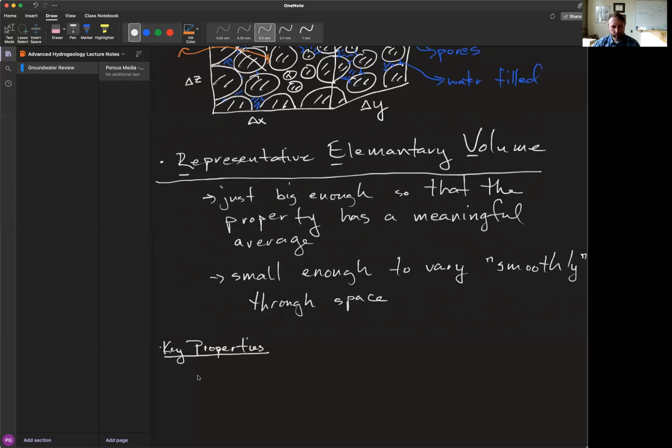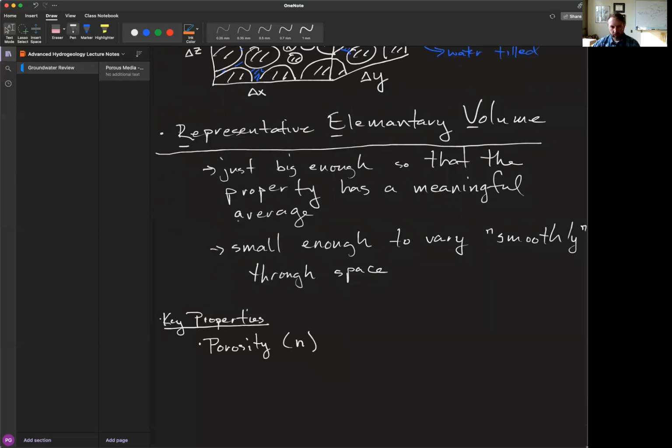So the first one is porosity. And in this class, I will use the notation N for porosity. And porosity is defined as the volume of voids over the volume of the REV.